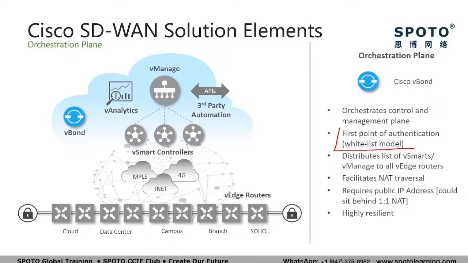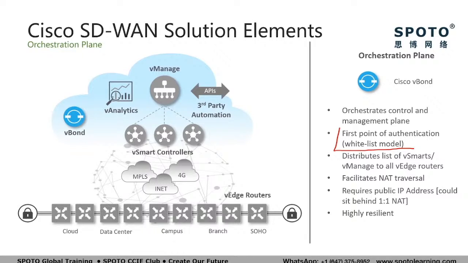The discovery of public and private IP addresses allows establishing connectivity across public and private WAN transports. vBond Orchestrator itself should reside in the public IP space or reside on the private IP space with one-to-one NAT.